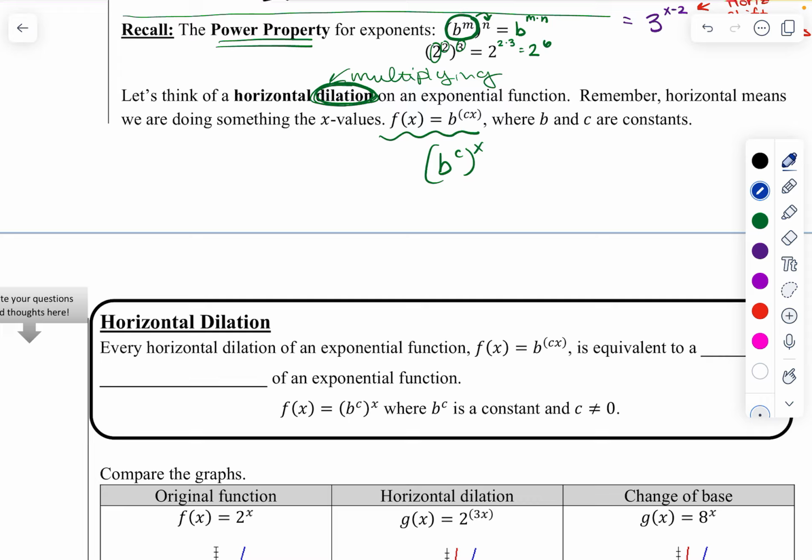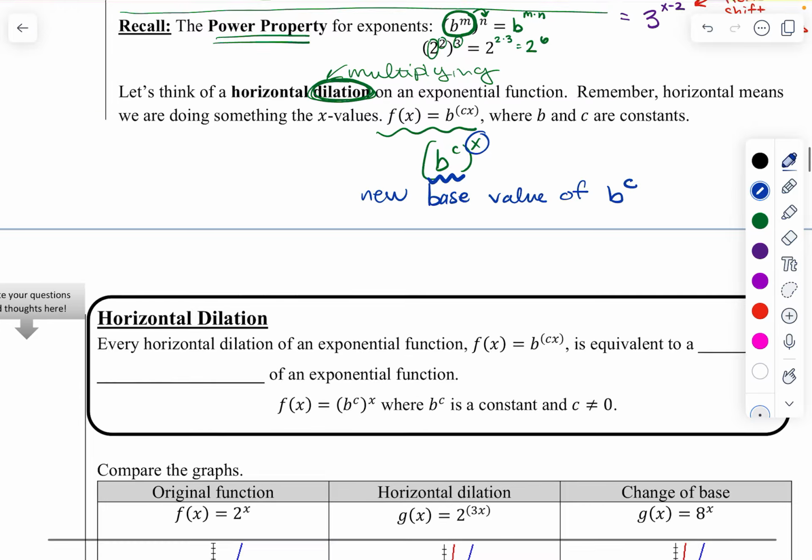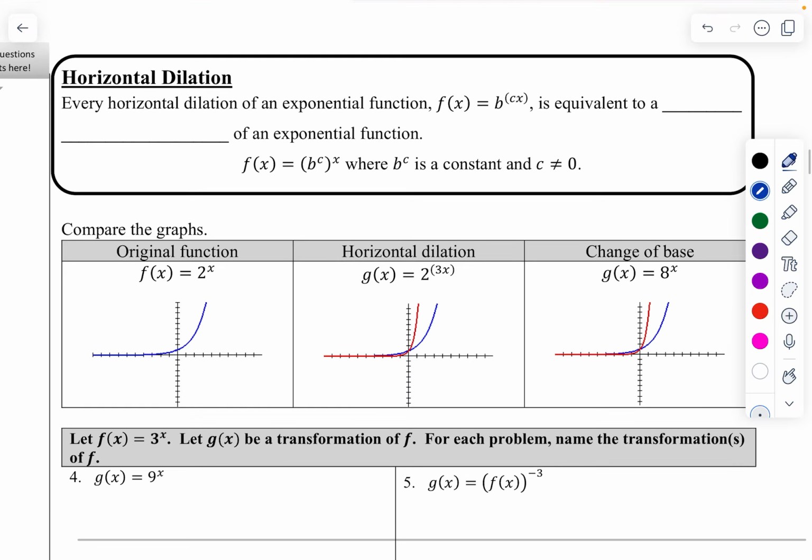Well, now this looks like an exponential function, but now instead of b being the base, b to the c is the new base. So now we've got a new base value of b to the c, whatever that is. And this is going to give us a horizontal dilation. So let's talk about that a little bit more.